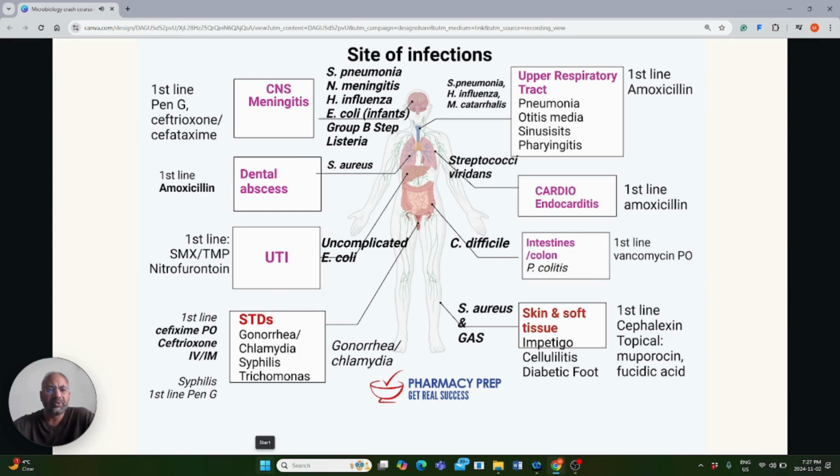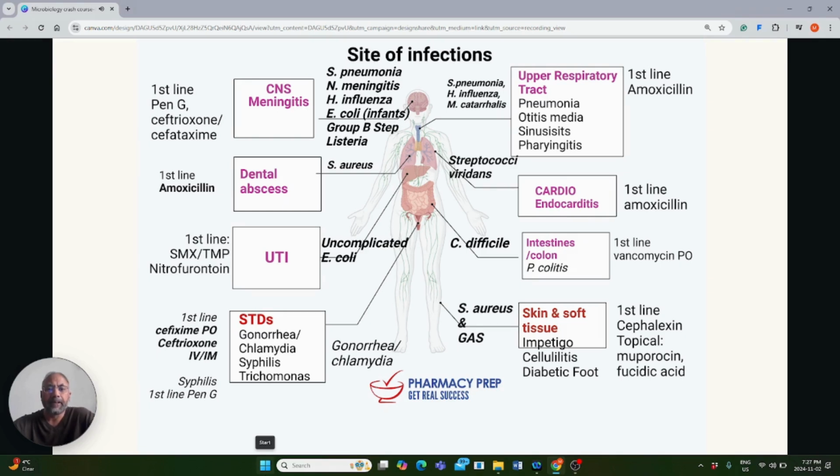And for STDs, we usually again use either the penicillins or the cephalosporins. And for the respiratory tract infections, mostly the first line of choice is amoxicillin. And for the endocarditis, also the first drug of choice is amoxicillin. Again, this is all provided the organism is not penicillin resistant.